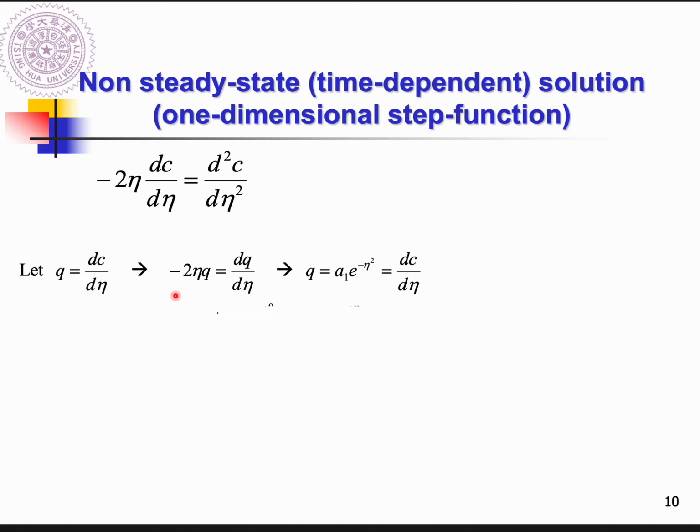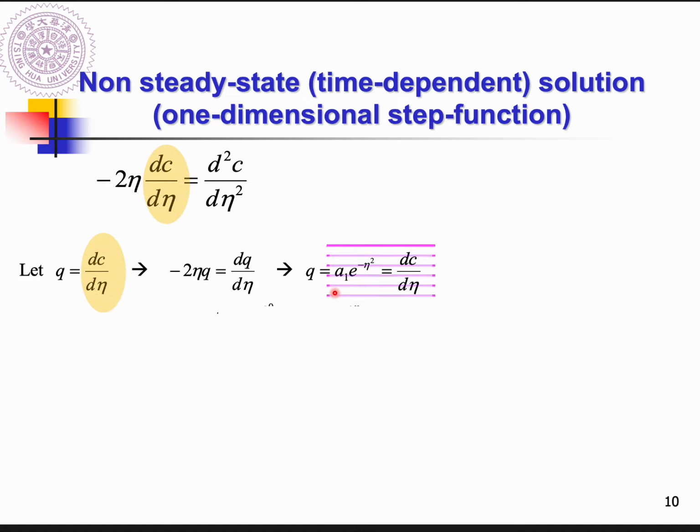And next, this is the differentiation equation you're familiar with. So you just move this d eta here, dq here, and take the integral on both sides. So you will get q equals A1 exponential minus eta squared. And as you know, q equals dc over d eta.